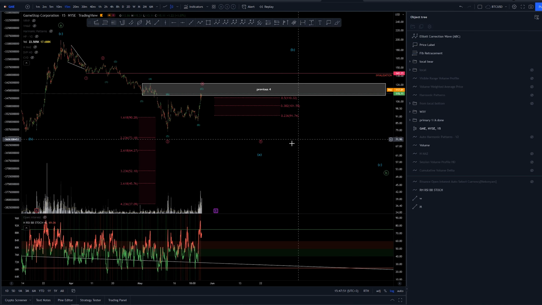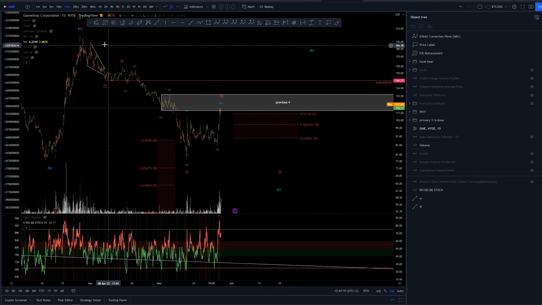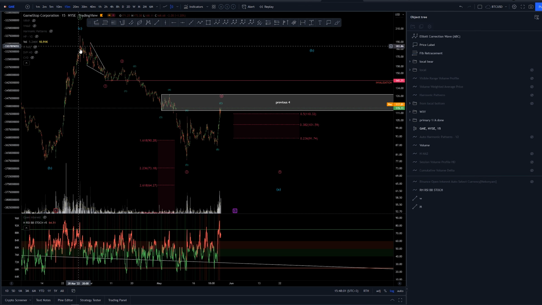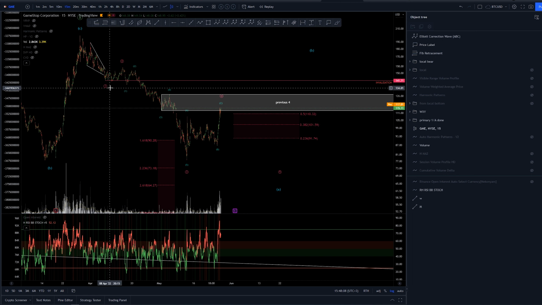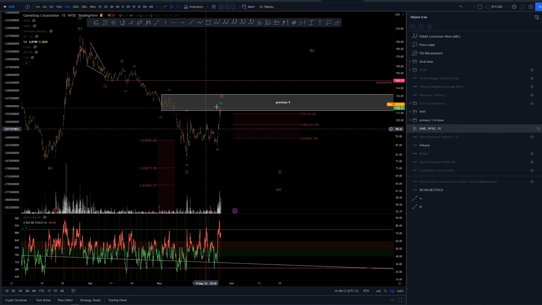I could not really get a good looking structure here with just three-wave correction structures. So instead I'm looking at this as an impulse wave down. Could have some kind of a leading diagonal here into 1, 2, this would be a 3, 4 and 5.